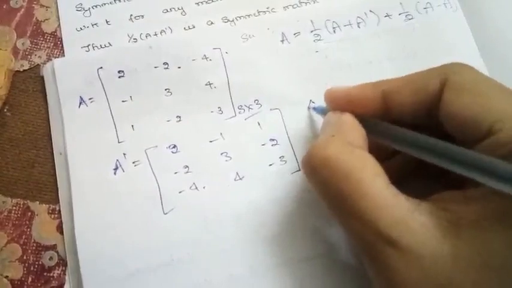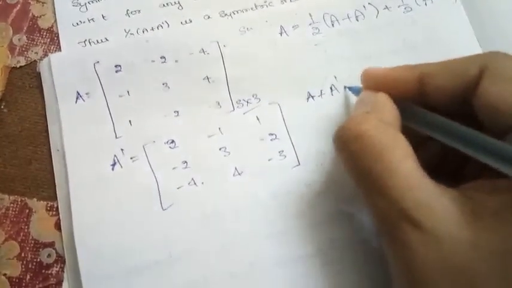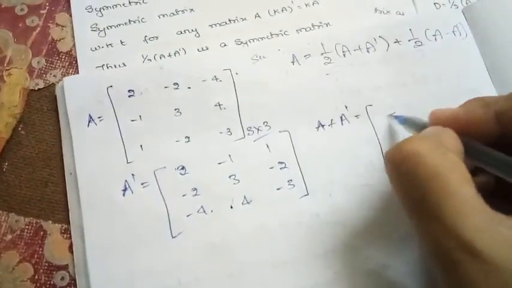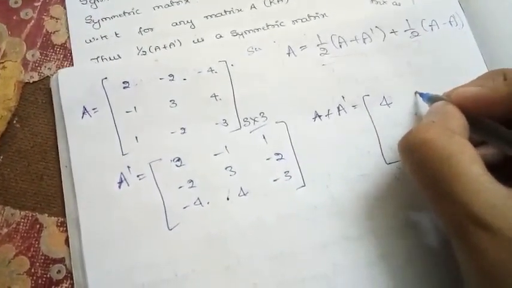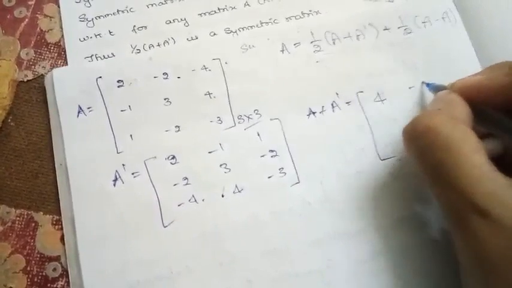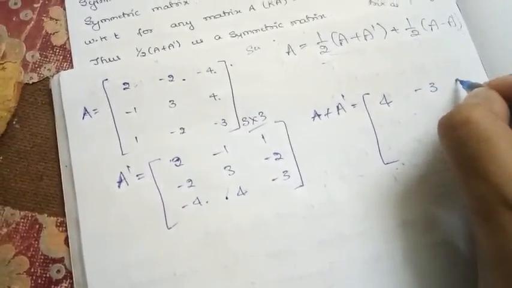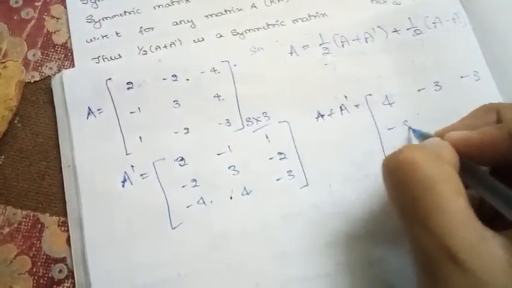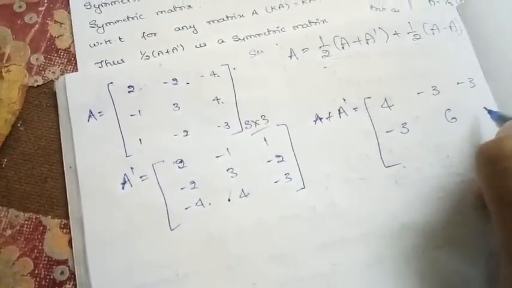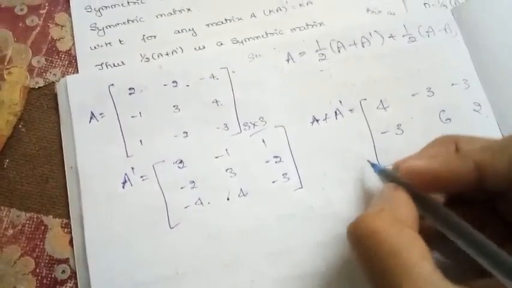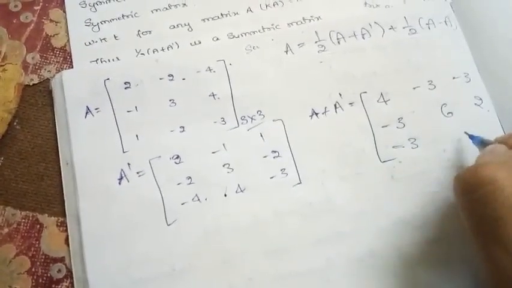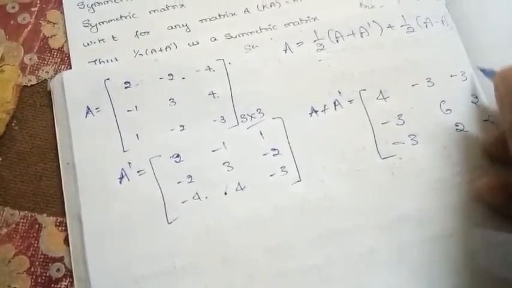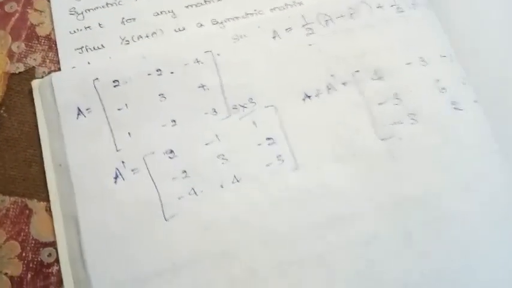Next is A plus A transpose. Here 2 plus 2 is 4, -2 plus -1 is -3, and so on, giving the matrix with rows 4, -3, -3; -3, 6, 2; -3, 2, -6. So now you have A plus A transpose.